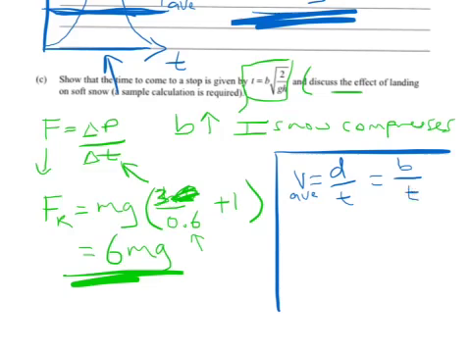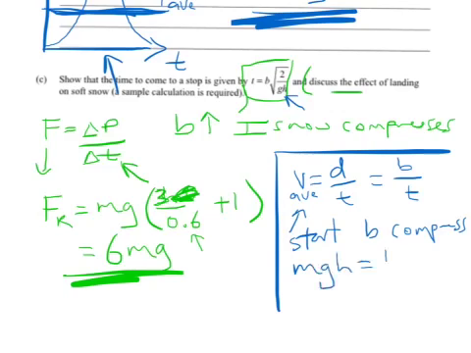So now all we need to do is find this average velocity, and the square root and the GH give me a bit of a clue that we're going to have to equate the gravitational potential energy with the kinetic energy. So at the start of the B compression, the point where it just touches the snow but before the knees have started bending, all of that mgh is going to be equal to half mv squared.